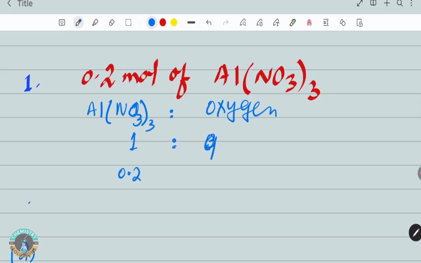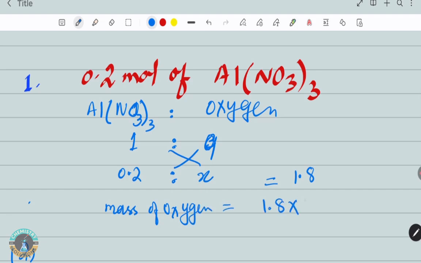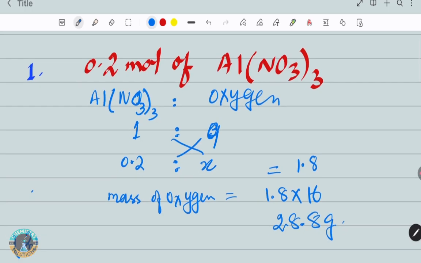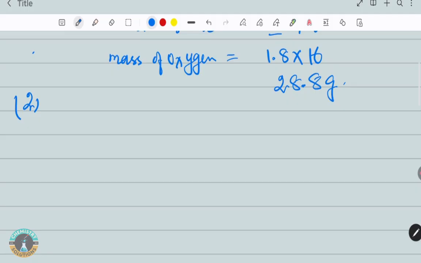So in 0.2 mole, how many moles of oxygen atoms? 0.2 multiplied by 9 is equal to 1.8. To calculate the mass of oxygen, we multiply 1.8 by 16. The answer is 28.8 gram.